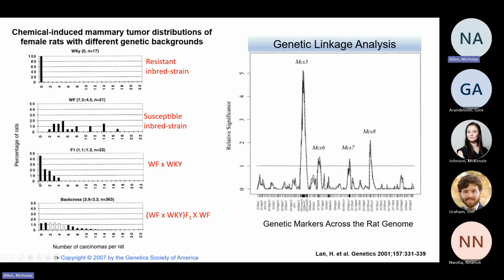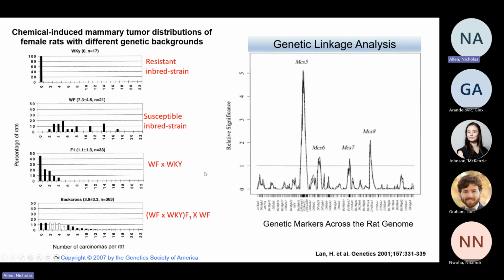And you can see you get a little different distribution from both the parental strains. So this is one of the hallmarks that says, well, there must be genetic variants that are fixed in both of these strains that are controlling the difference between these two. Okay?